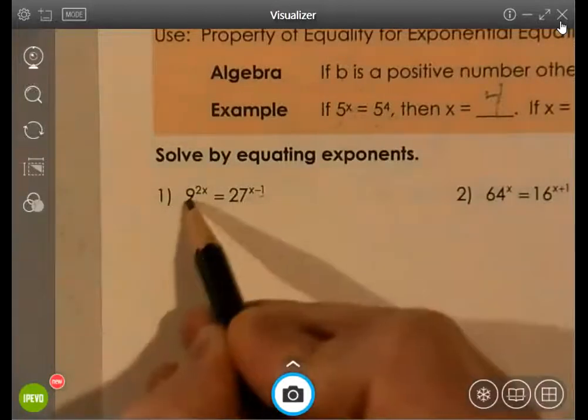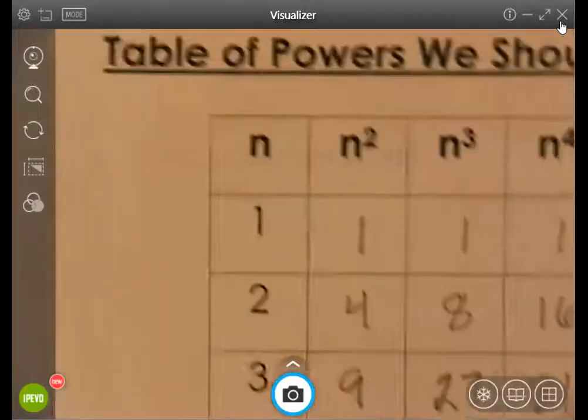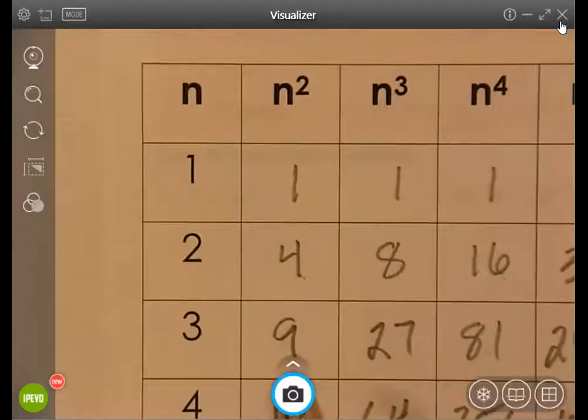So we're going to identify that 9 and 27 can both be made of a 3.